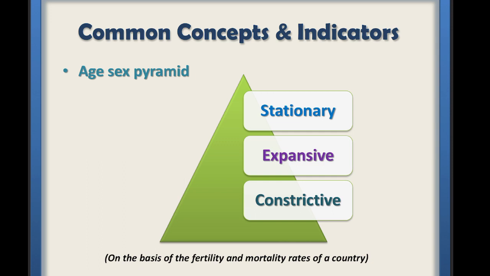So in this population pyramid, the population is said to be growing fast and the size of each birth cohort increases each year. In a constrictive pyramid, it is narrow at the bottom and it is bulging towards the center.